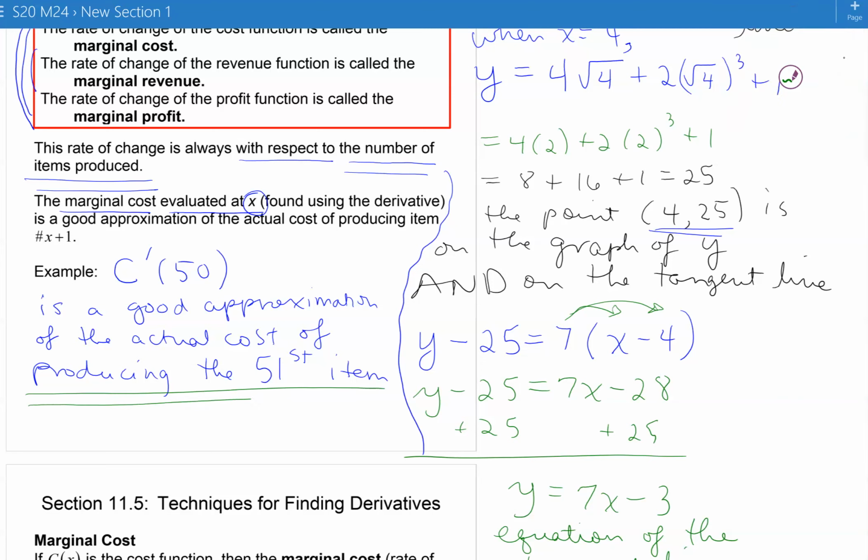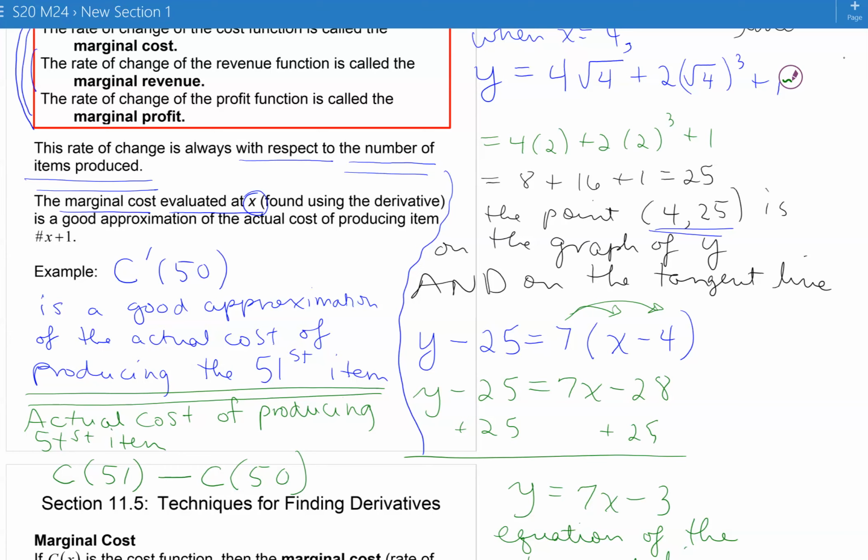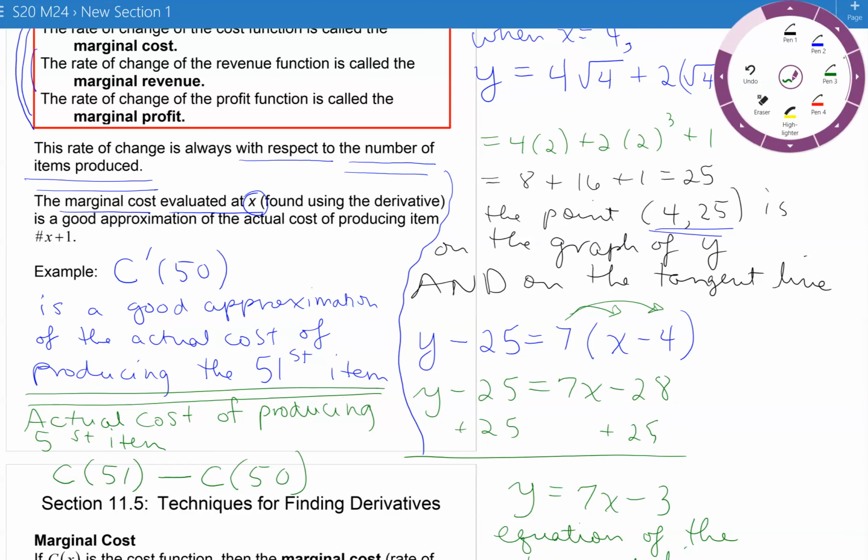So let's talk about what is the actual cost. It's going to be the cost of producing the whole pile of 51 minus the cost of producing the first 50. So that is how you find the actual cost.